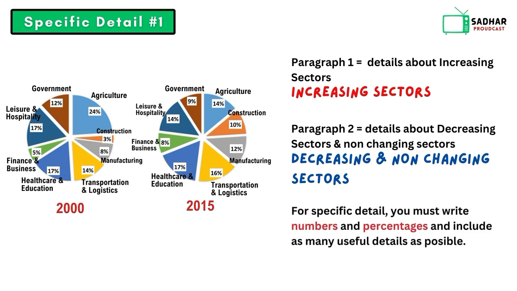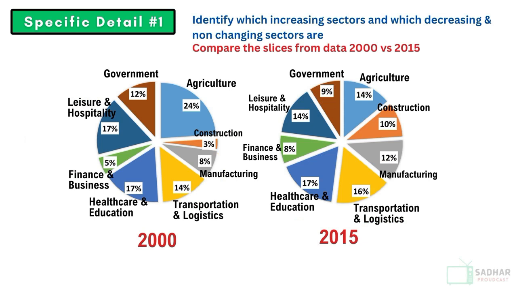And for specific detail, you must write numbers and percentages and include as many useful details as possible. Let's go ahead now. Identify which are the increasing sectors and which are the decreasing and non-changing sectors. Let's analyze together. And then later we compare the slices from data 2000 versus 2015.